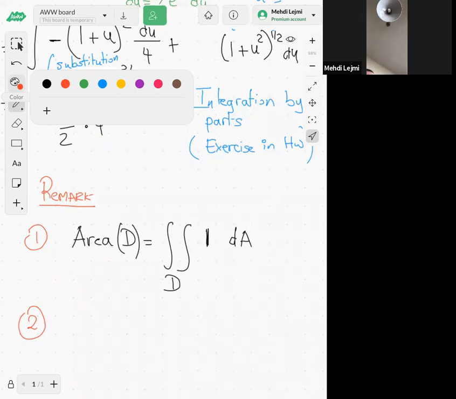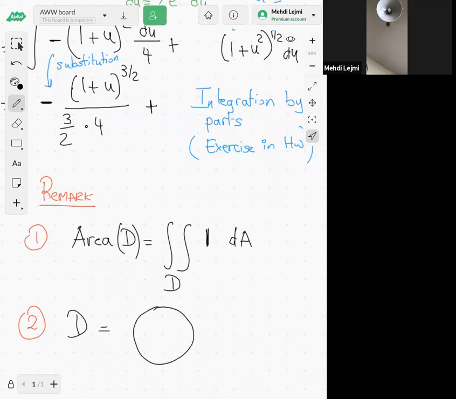But then you may ask, how can we integrate over this annulus if it's not an elementary region? But the thing is, D is again just the annulus, this region here.